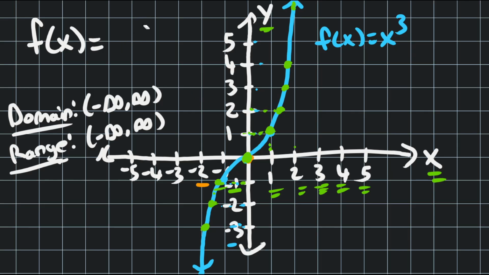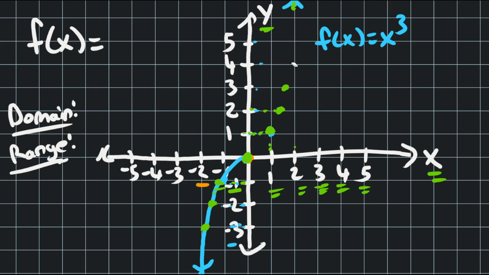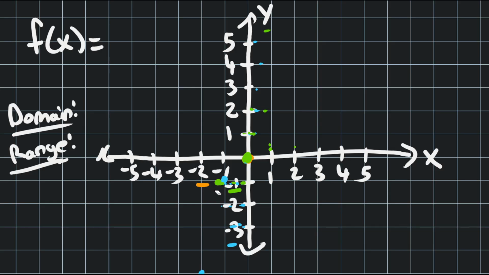Now, let's talk about another type of function, the reciprocal function. Let's go ahead and erase all this. Let's erase that graph as well. Let's make it as neat as we can.